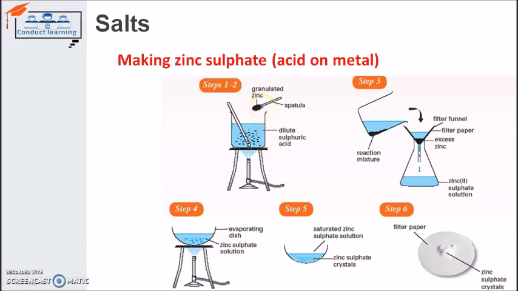After that we add zinc granules into it. We mix it and they form a solution of zinc sulfate and water, and we filter it so that the excess zinc is removed from the solution. The zinc sulfate solution is again heated over a fire, so the water evaporates and we form zinc sulfate crystals in a beaker or in a china dish.